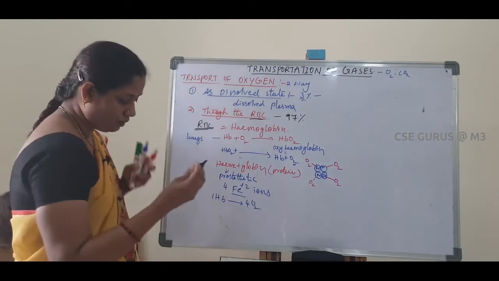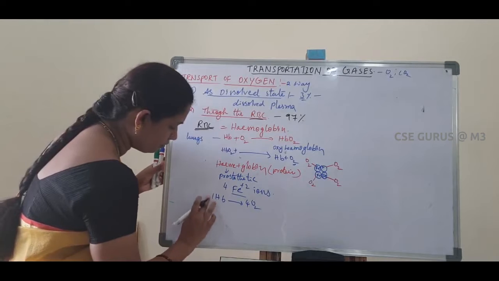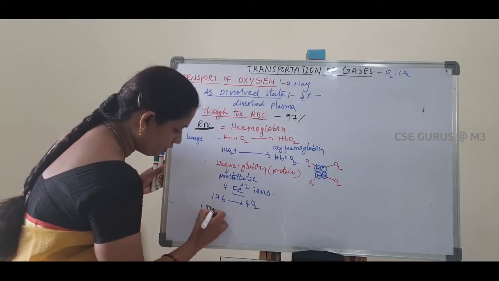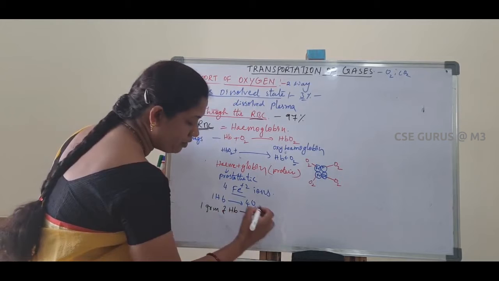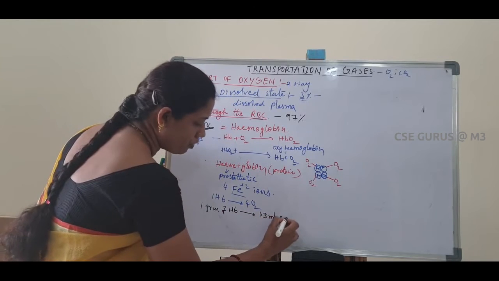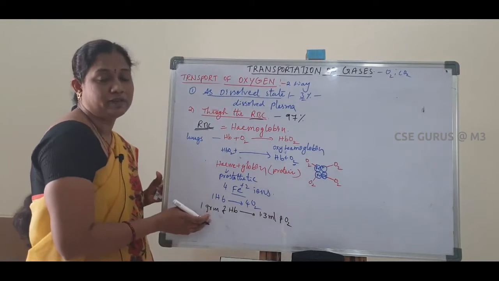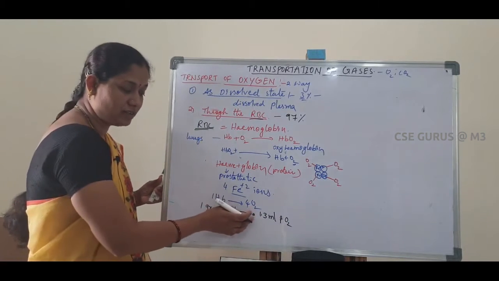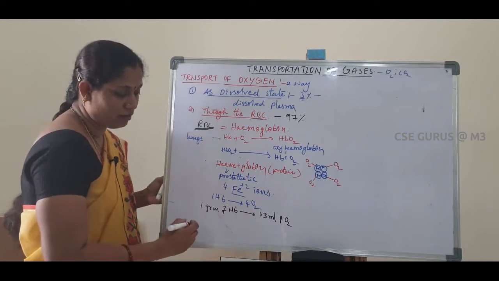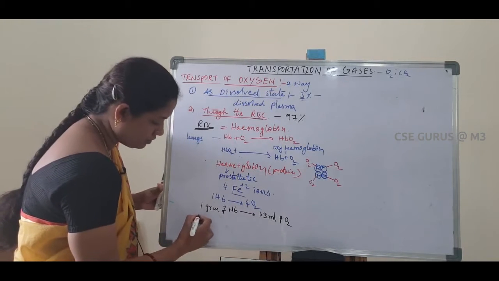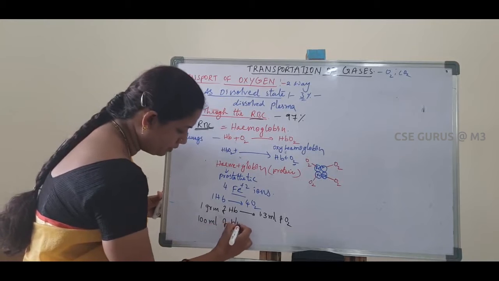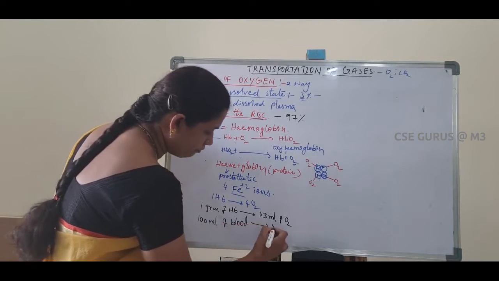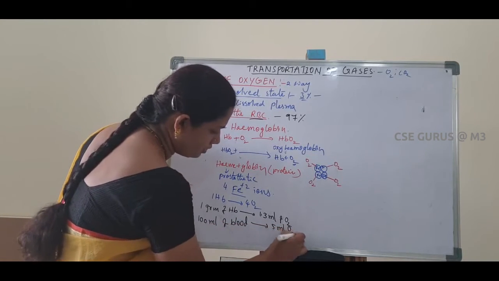Next, 1 gram of hemoglobin can carry 1.34 ml of oxygen. Next, 100 ml of blood carries 5 ml of oxygen.